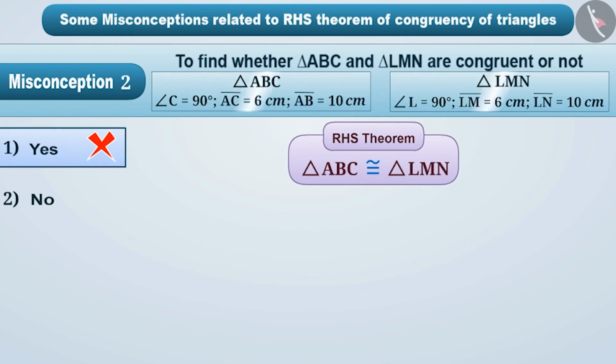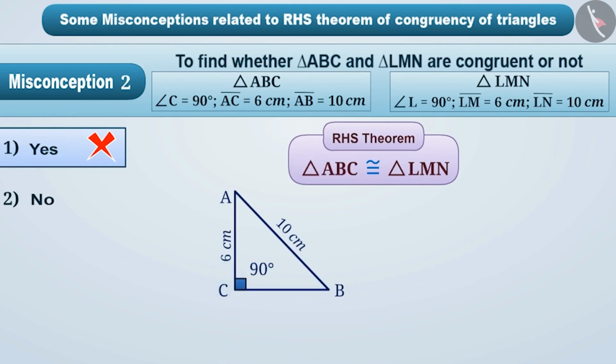Children do not read the given information properly. In triangle ABC, the right angle is at the vertex C. So, AC is a side of triangle ABC and AB is the hypotenuse of triangle ABC. You can find it out by making a rough diagram.